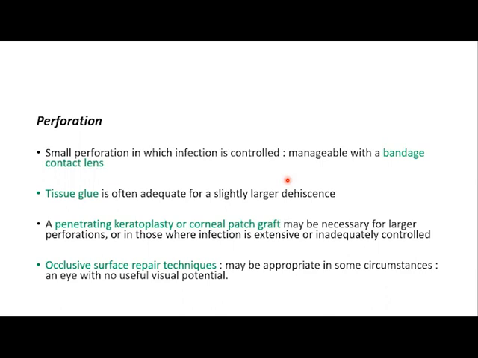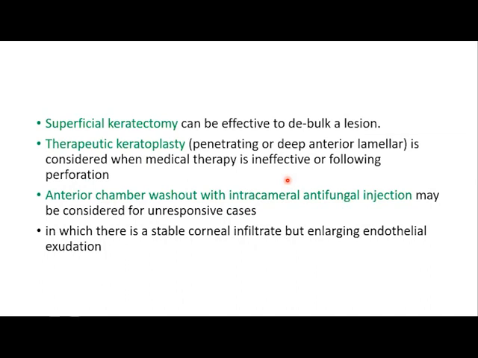Occlusive surface repair techniques may be appropriate in some circumstances, like an eye with no useful visual potential. Next, superficial keratectomy is effective to debulk the lesion. Therapeutic keratoplasty is considered when medical therapy is ineffective or following perforation.